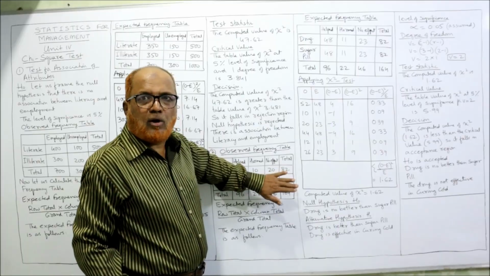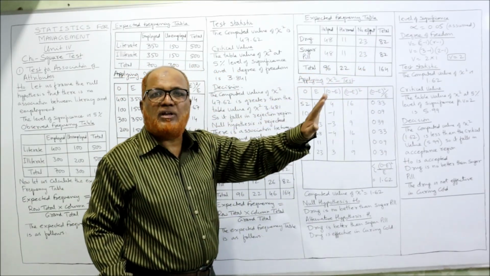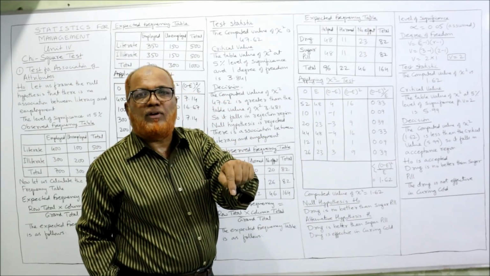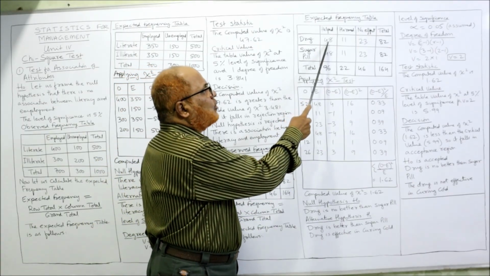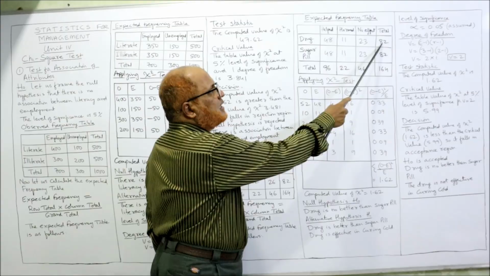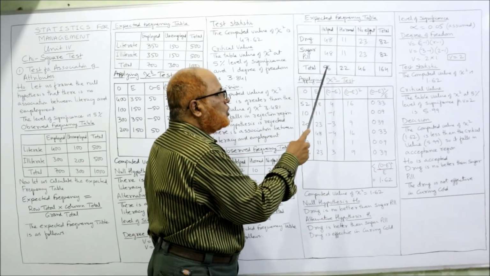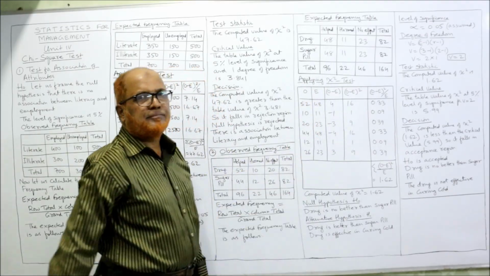Whatever is in the observed frequency, take the same totals. After this, you take the total of the row into total of the column divided by grand total. For example, how do we get this 48? Row total 82, column total 96. So 82 into 96 divided by 164, you will get 48.